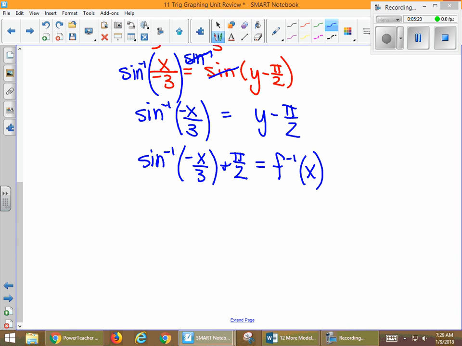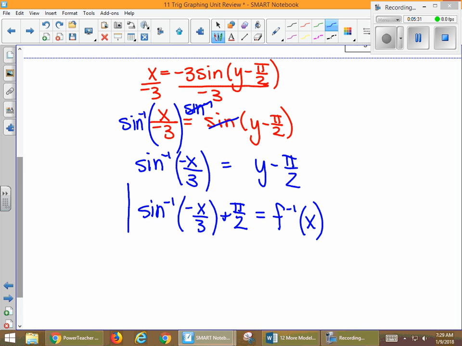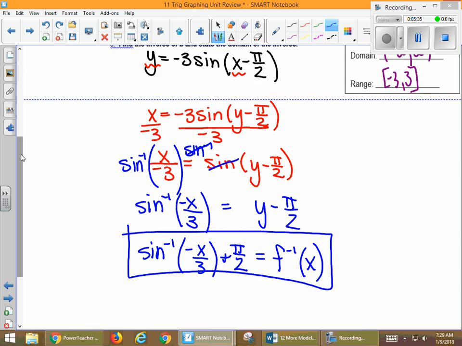So remember, once we find the inverse, we also need the domain. And the special thing about inverses is that all of their x's and y's are switched. So if you want the domain of the inverse, you just grab the range of the original.